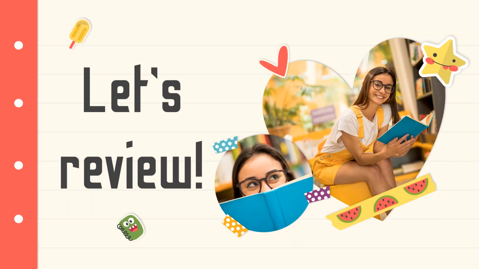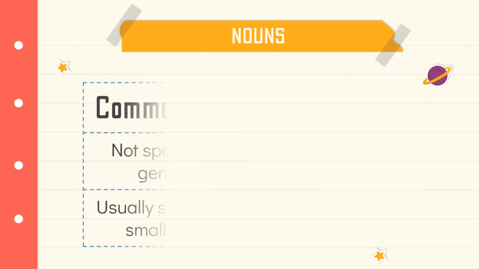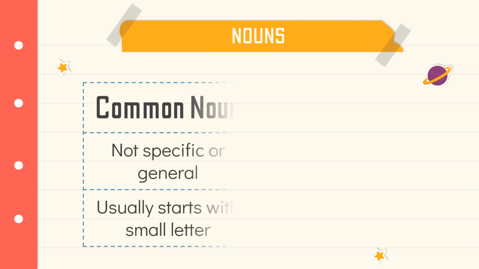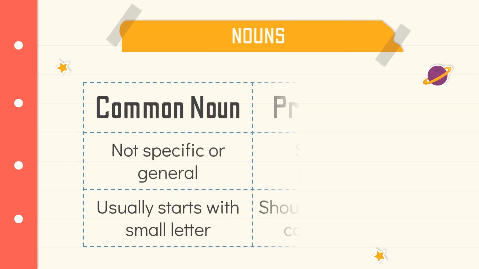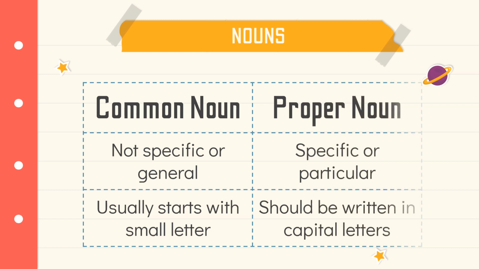Let's review. Nouns. First one is common nouns. Common nouns are not specific or they are general. Common nouns usually start with small letter. While on the other hand, proper nouns are specific or particular.